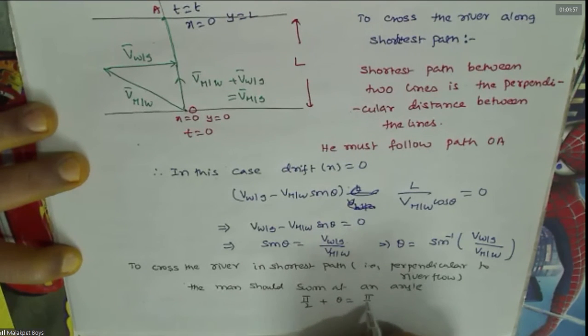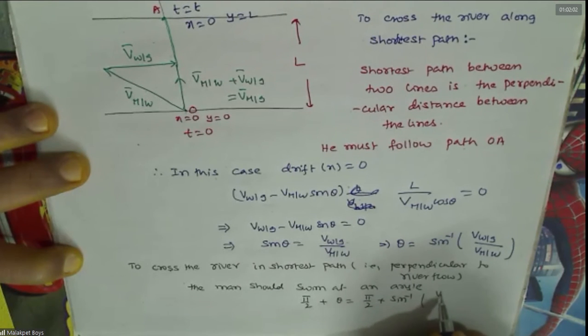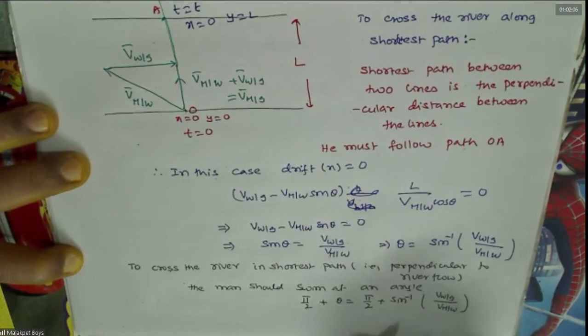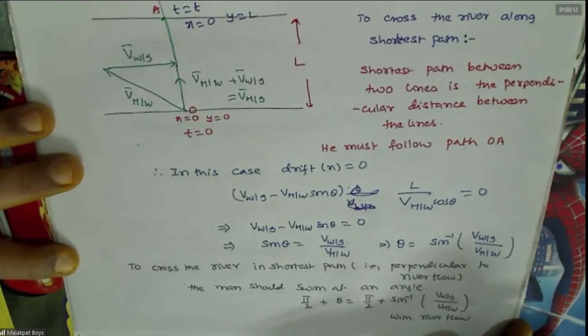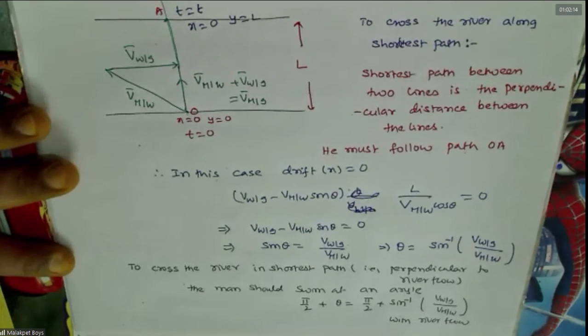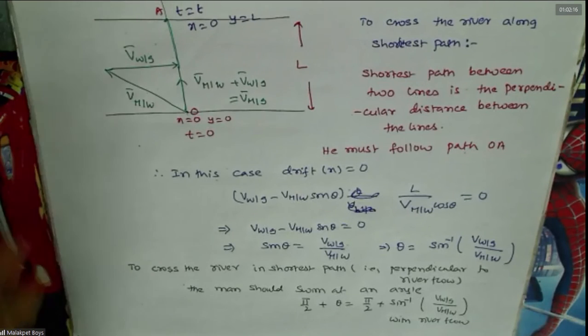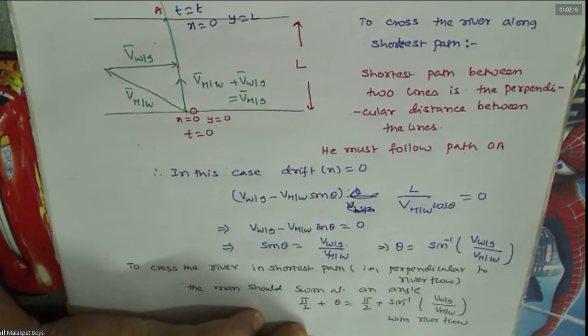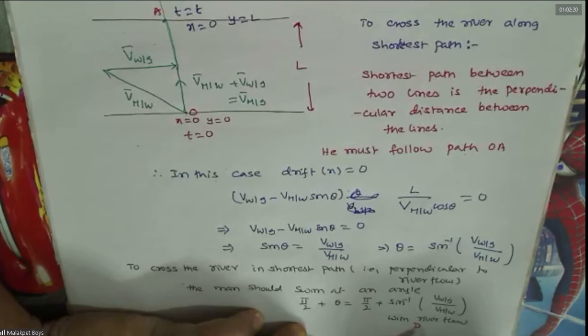That is pi by 2 plus sine inverse, with what? Do you agree with this? Yes. In which direction is that?